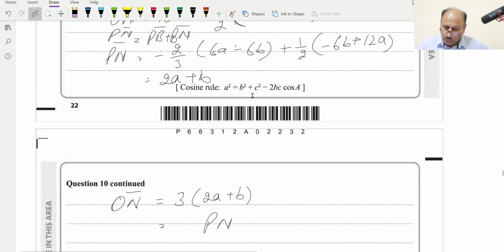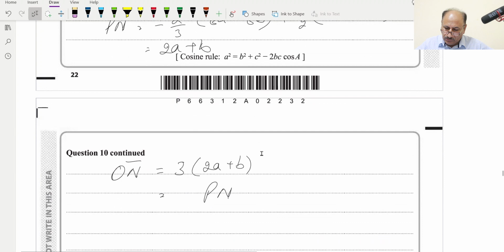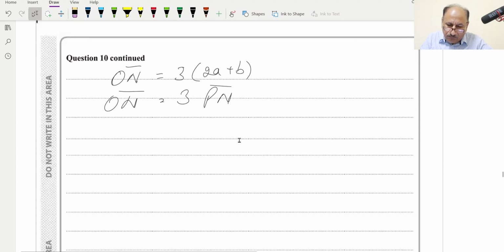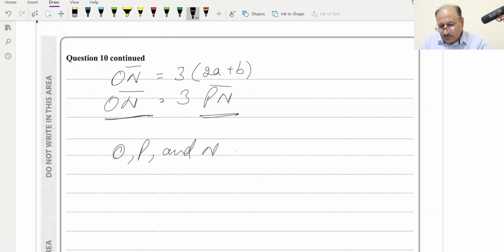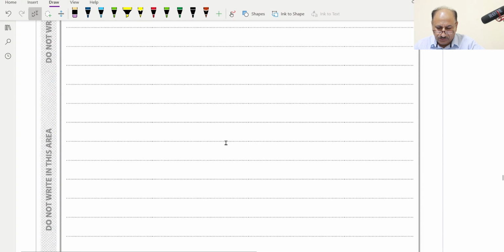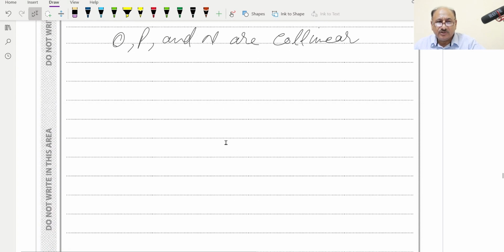So ON is 3 times PN, and O, P and N are collinear, because ON and PN are multiples of each other. This is the condition for collinearity: if they are multiples of each other, they are collinear.